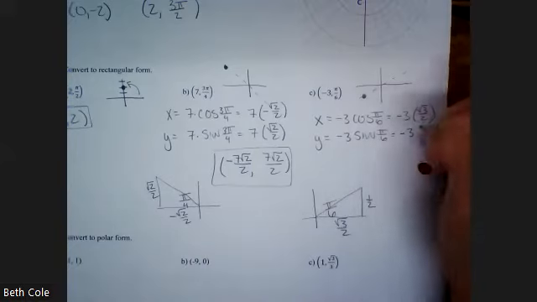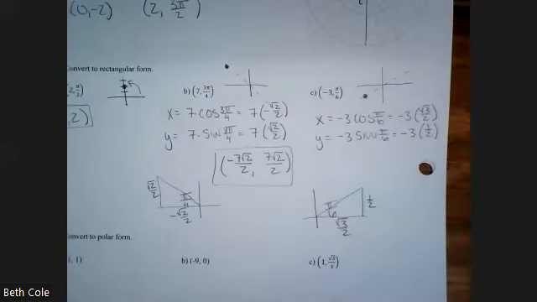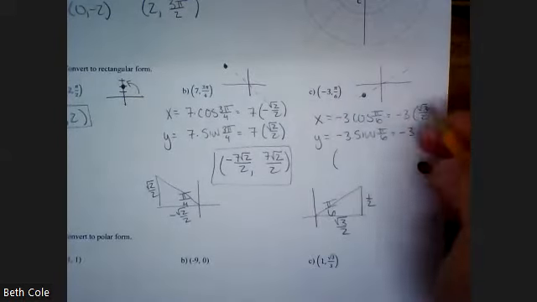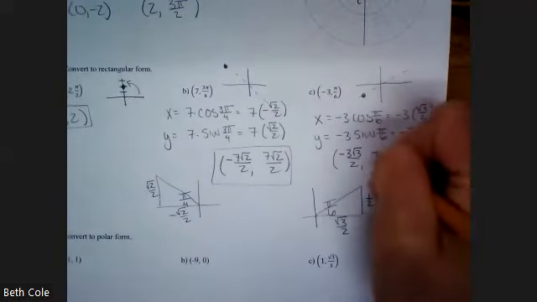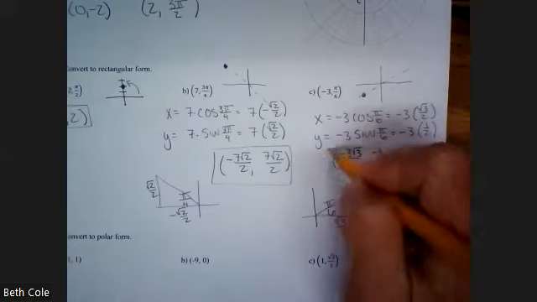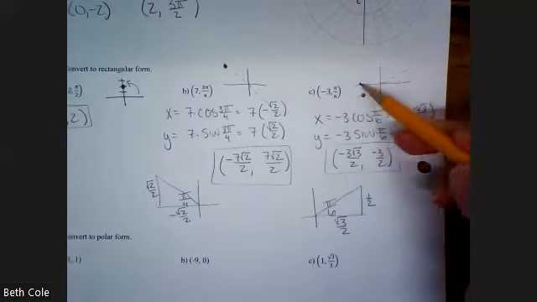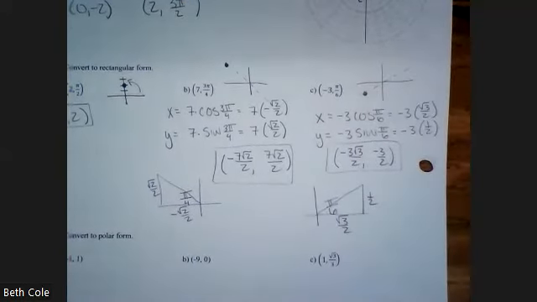And then sine is the 1/2. And again, just make sure you write it as an ordered pair, x comma y. So it's going to be -3 square root of 3 over 2 and -3/2. And that makes sense to be in the third quadrant. Both of them are negative. So you can use that to help check your work.